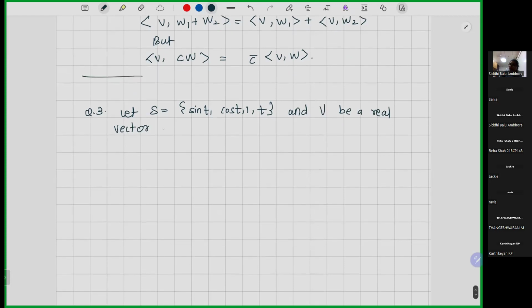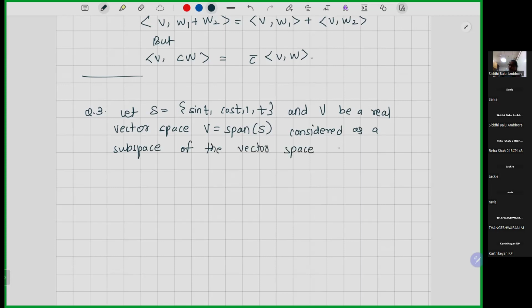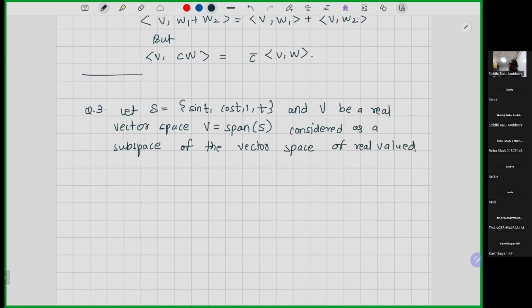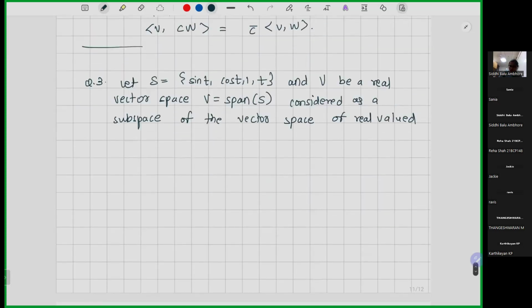The vector space V is equal to span S, considered as a subspace of the vector space of real valued continuous functions C[0,1].